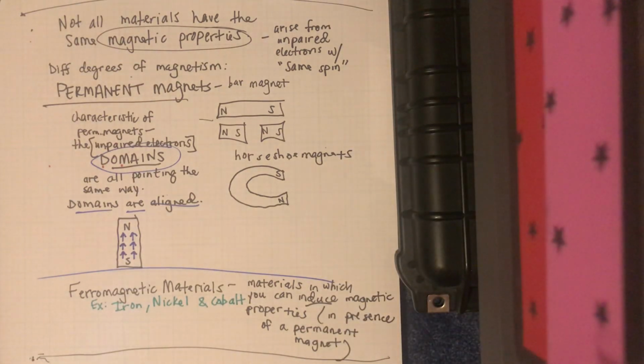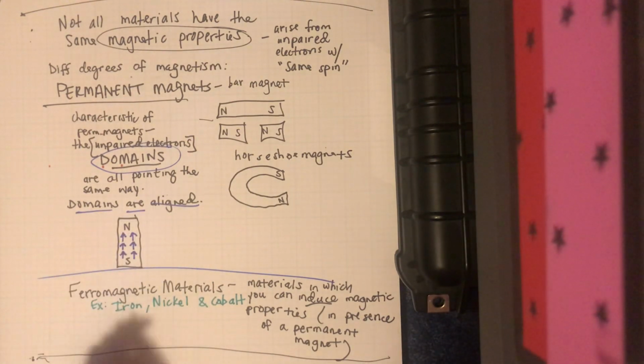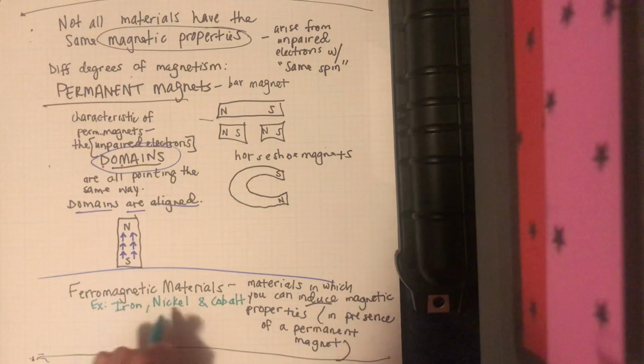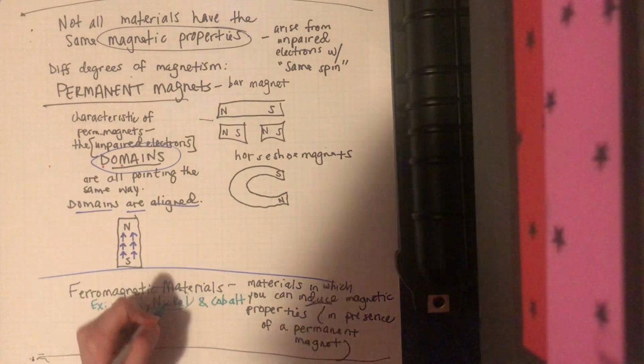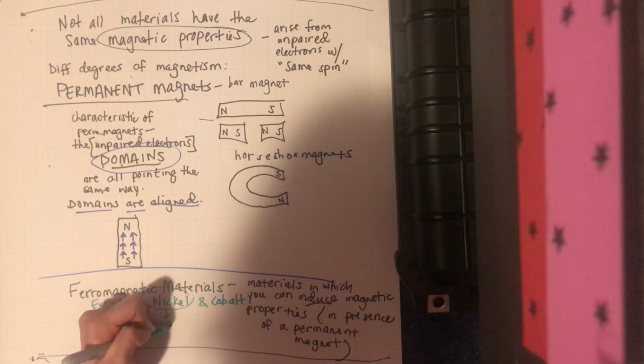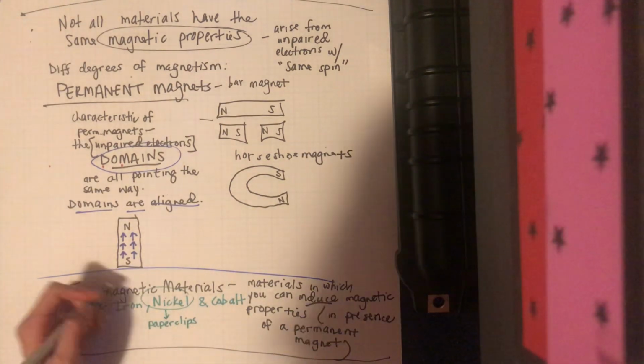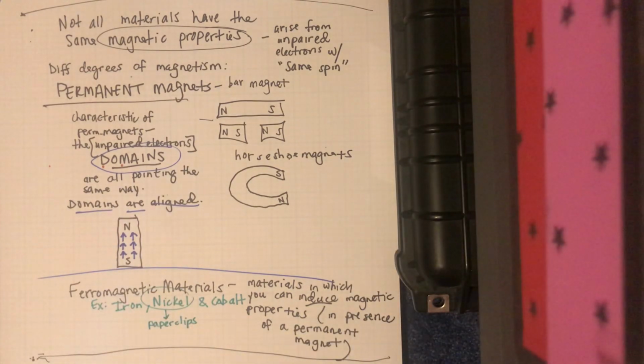Okay, so an example is nickel, right? And actually a lot of paper clips are made of nickel. So paper clips on their own are not magnetic. So let's draw a little image of a paper clip.